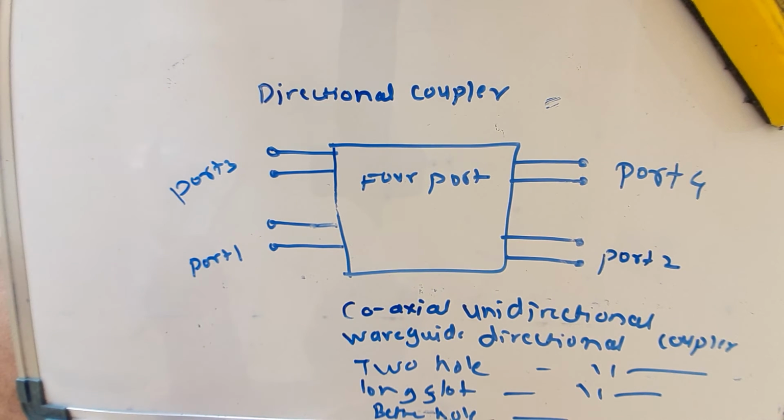All the terminals are matched to the ports. When power travels from port 1 to port 2, some portion will get coupled at port 4, but no signal will be at port 3.